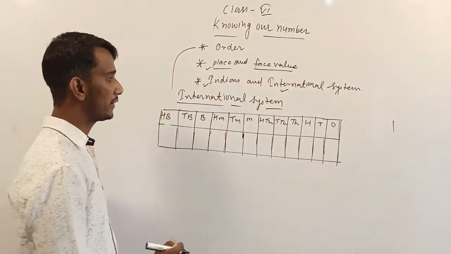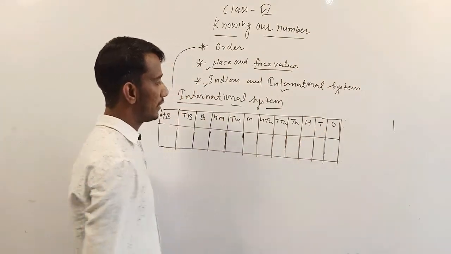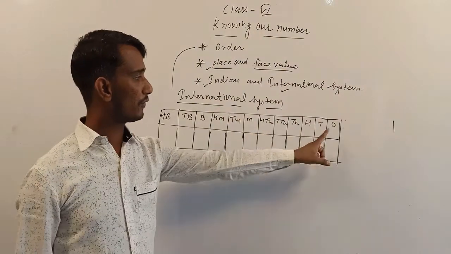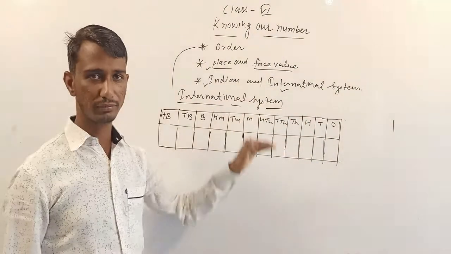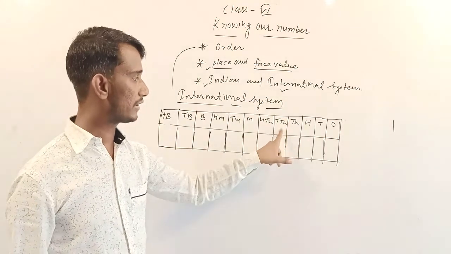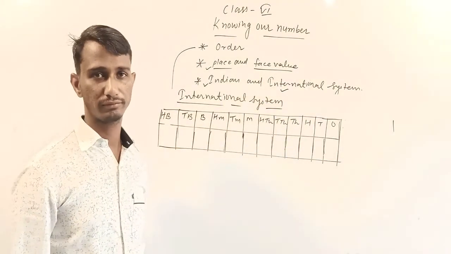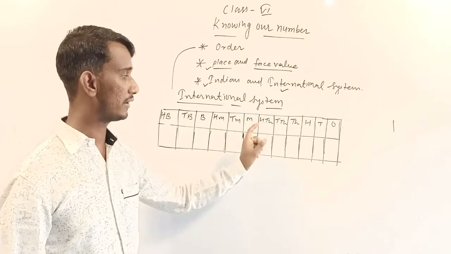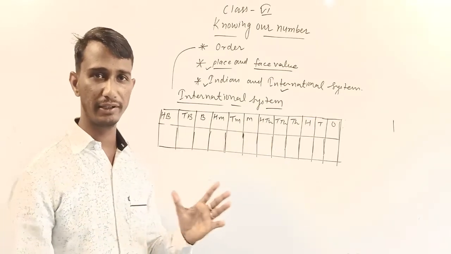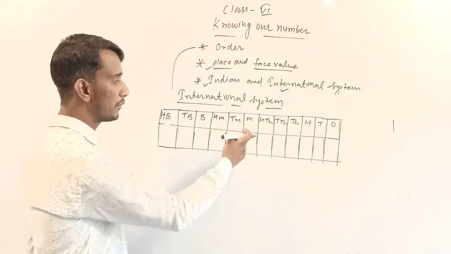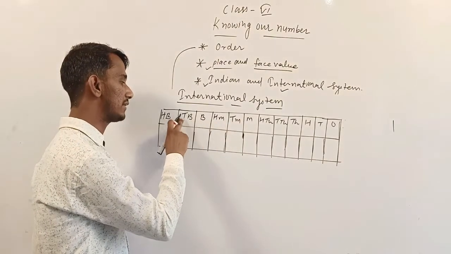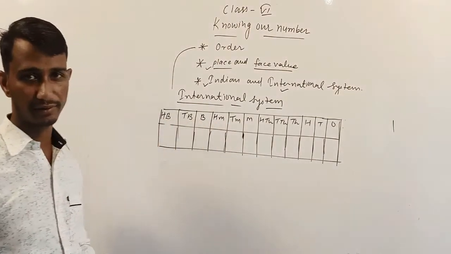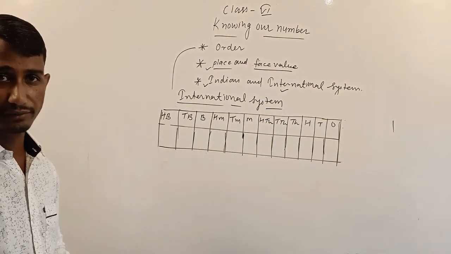In the international system, ones, tens and 100 are similar to the Indian system. 1000, 10,000 are also similar, but here 100,000 is coming, which means something different. Million, 10 million, 100 million, billion, 10 billion, 100 billion. So all the terms are changing now.